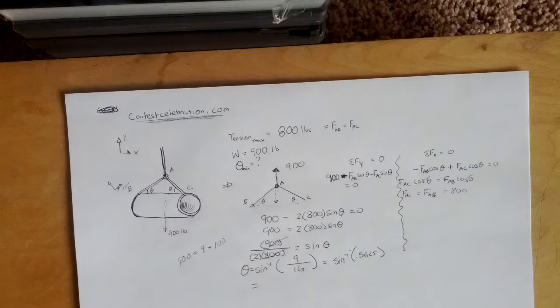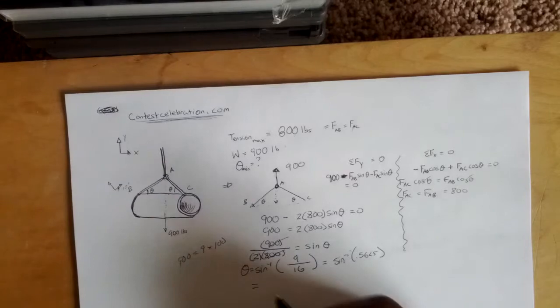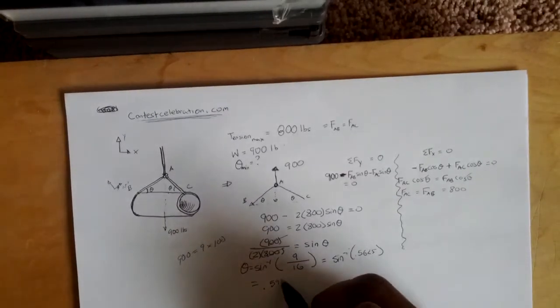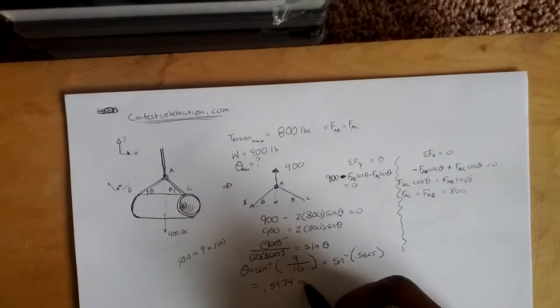Batteries died again. I think I need a new calculator, or maybe just new batteries. Arc sine 0.5625, and that'll give me 0.5974 radians.